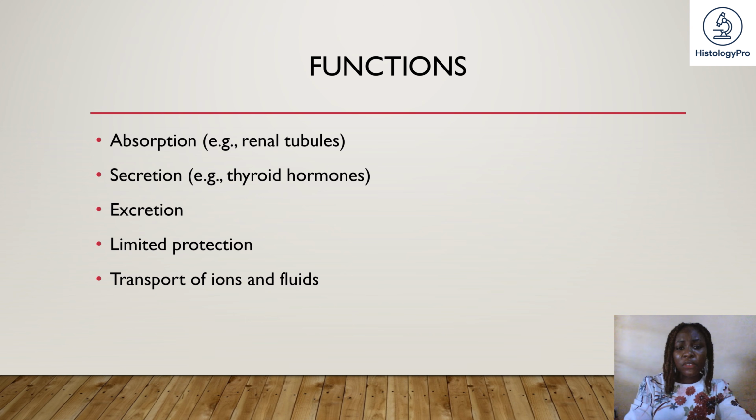Simple cuboidal epithelium also plays a role in excretion, especially in the kidney, where metabolic waste products are eliminated. In addition, it provides limited protection, forming a barrier that lines ducts and tubules. Finally, it aids in the transport of ions and fluids across the epithelial surfaces, which is essential for maintaining fluid and electrolyte balance.